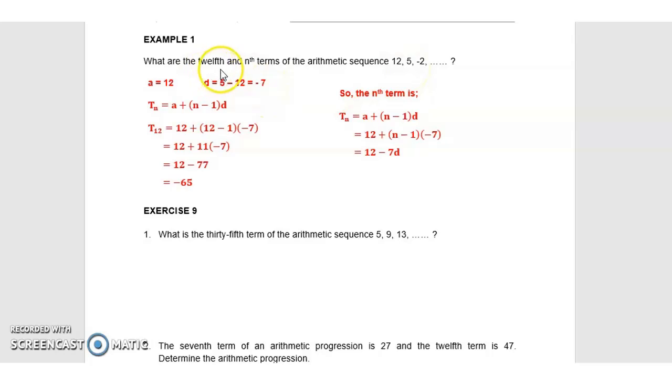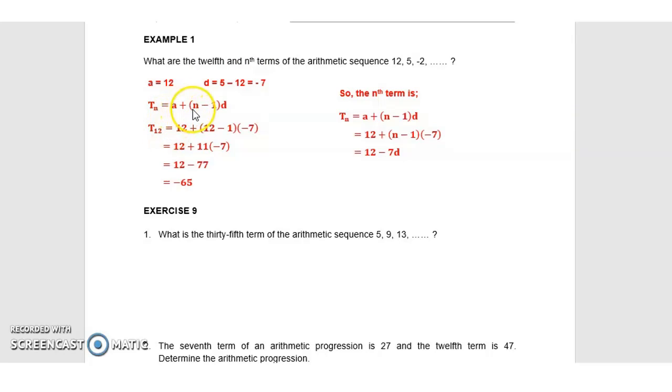Now we want to find T12 of this sequence. You write the general term, which is Tn equals A plus n minus 1 d. We want to find T12, so n equal to 12.